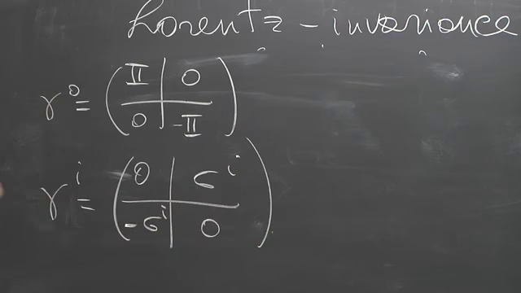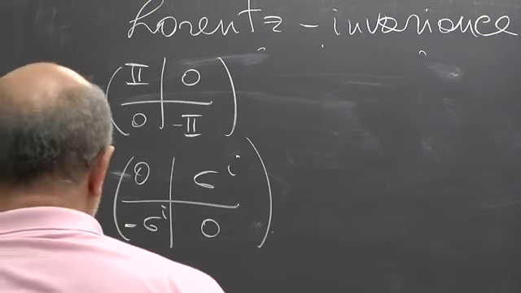So this is the form of the gamma matrices in terms of Pauli matrices and the two-dimensional identity operator.